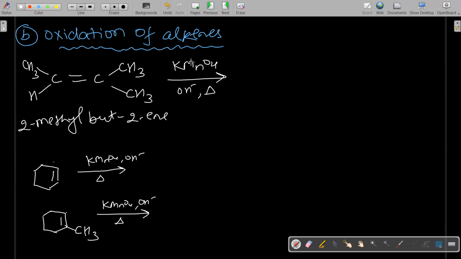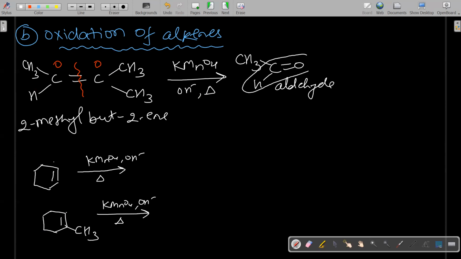KMnO4. So when you add alkaline KMnO4 and you heat, the alkene double bond will again cleave here also, and again at both carbons we get the oxygen. So what product are we getting? The first is CH3CHO. You know this is an aldehyde, and the aldehyde further oxidizes because KMnO4 is a very strong oxidizing agent.